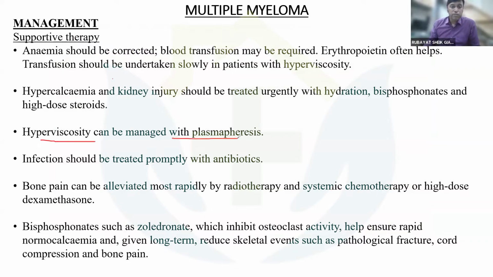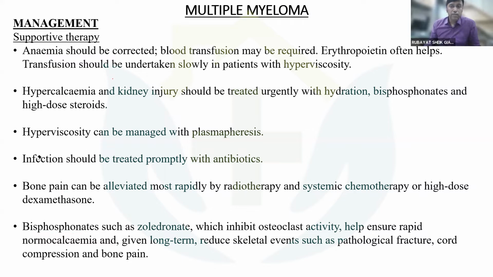Hyperviscosity is managed with plasmapheresis, hypercalcemia management, you all know, hydration, bisphosphonates. Anemia is corrected with careful transfusion because the blood is already very thick, hyperviscous. So we carefully transfuse the blood, treat any infections, treat any bone pain with radiotherapy or dexamethasone. And bisphosphonates can also be given to reduce skeletal events. So we take care of the supportive management. Very important because these patients will suffer from all these problems.